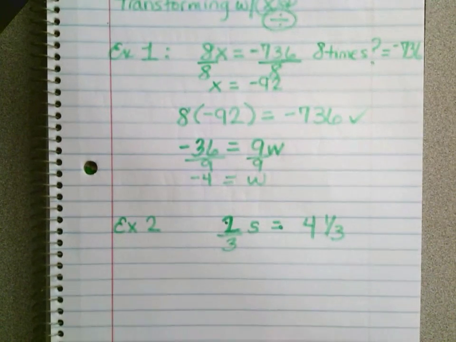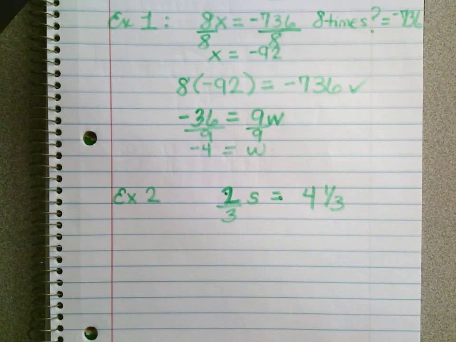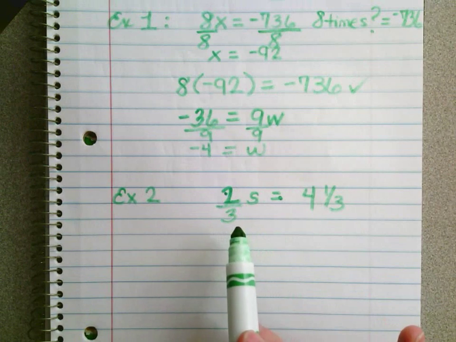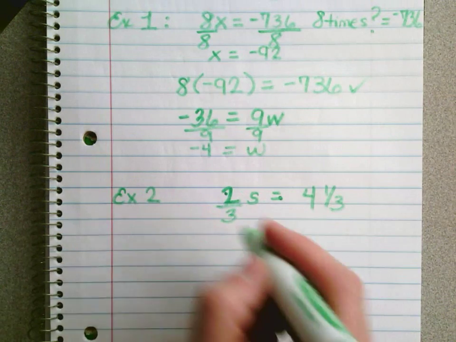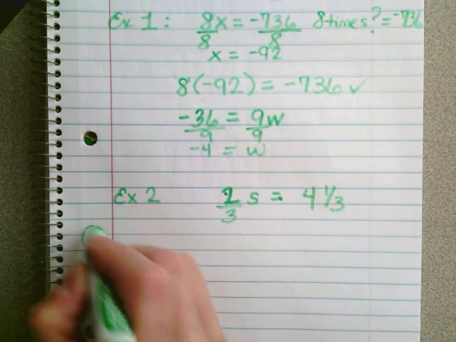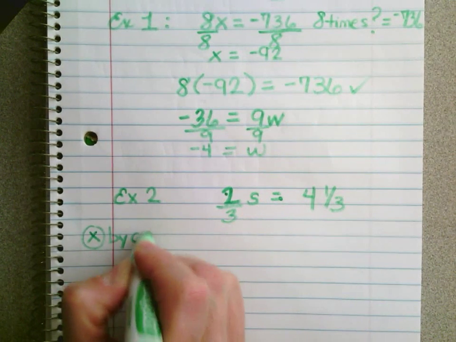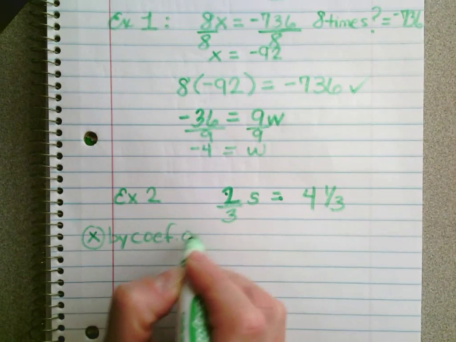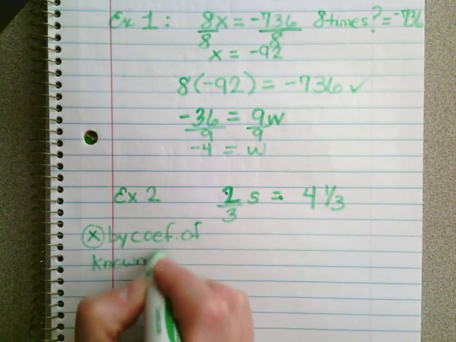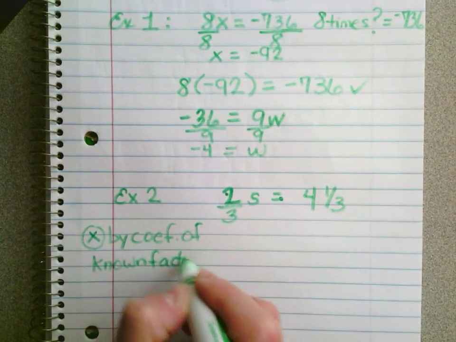Not a whole lot more difficult, but it can be if you're not careful. 2/3 multiplied by something is 4 1/3. Up here we divided, right? Well, we can't divide by fractions, so we have to multiply by the coefficient of the known factor. What in the world does that mean? I'll show you here in a second.